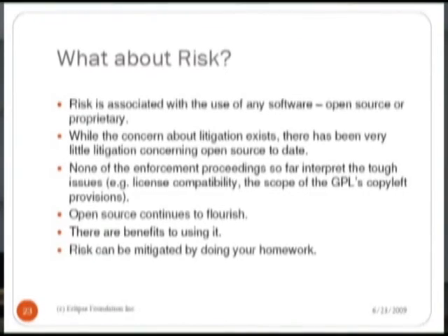What about risk? There has been a lot of discussion about risk and the risk for open source software, but that risk really applies to proprietary software as well. Risk is there by its very nature, and so what can we do about mitigating that risk? I should note there has been some concern raised about litigation by some and whether or not open source is going to be more likely to experience litigation.